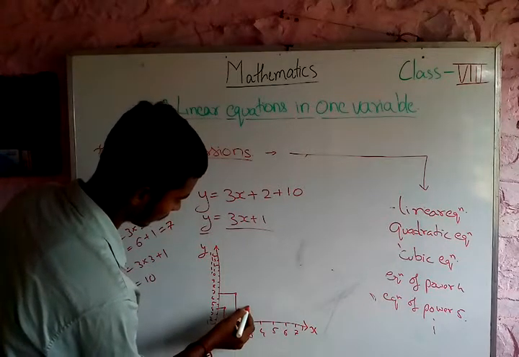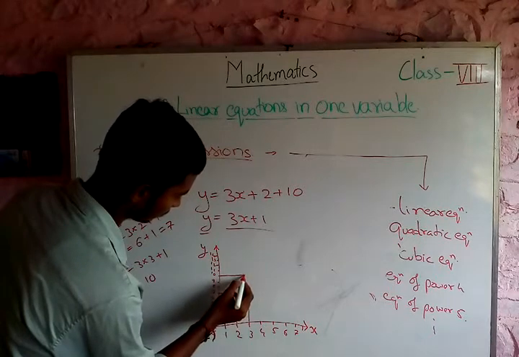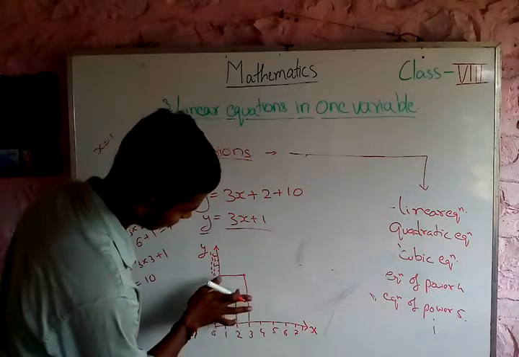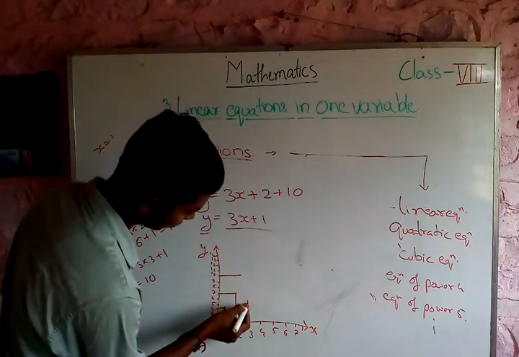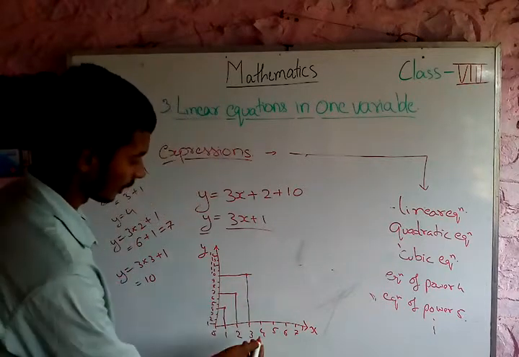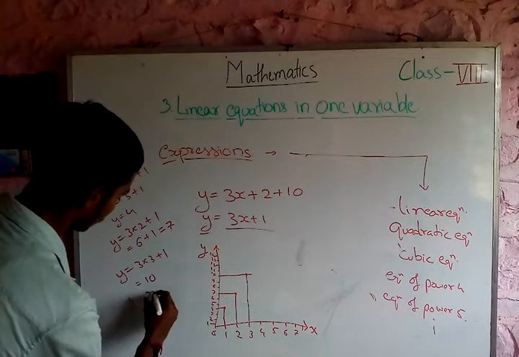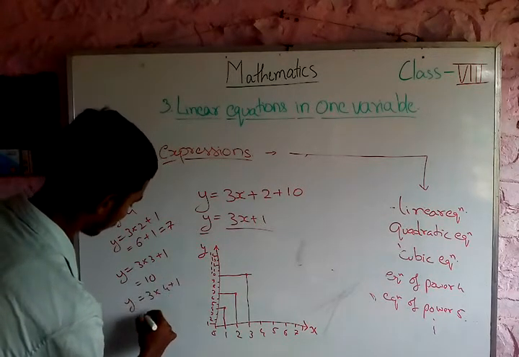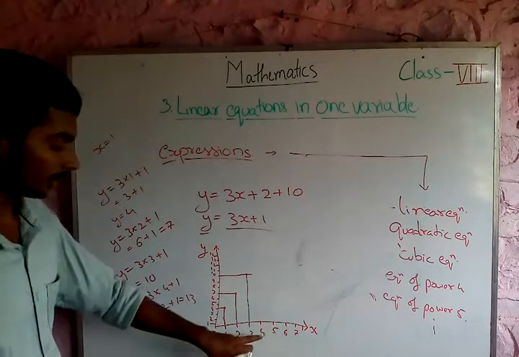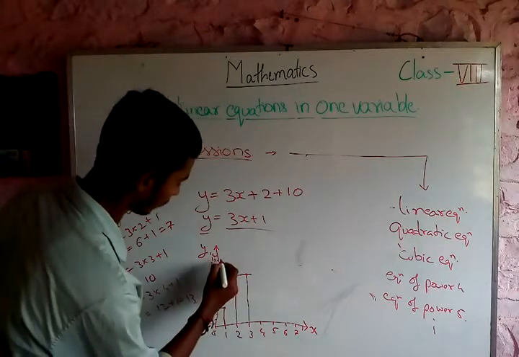So for 3 I have 10. One more point I have marked here. And for 4, 3 into 4 plus 1 is 12 plus 1 is equal to 13. If I give x the value 4, then y will be 13.